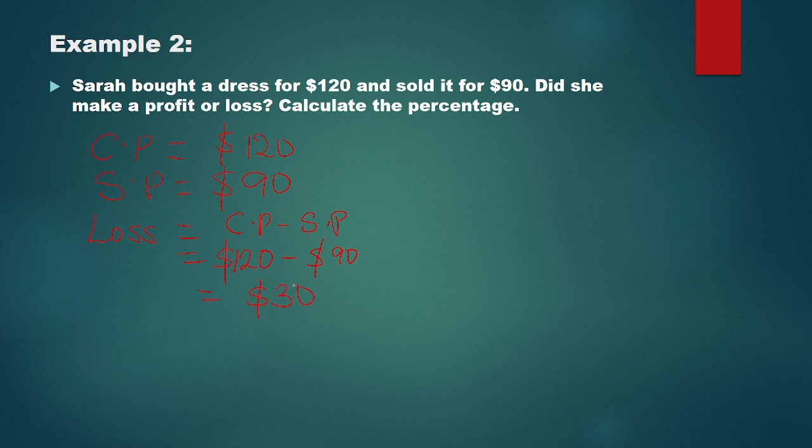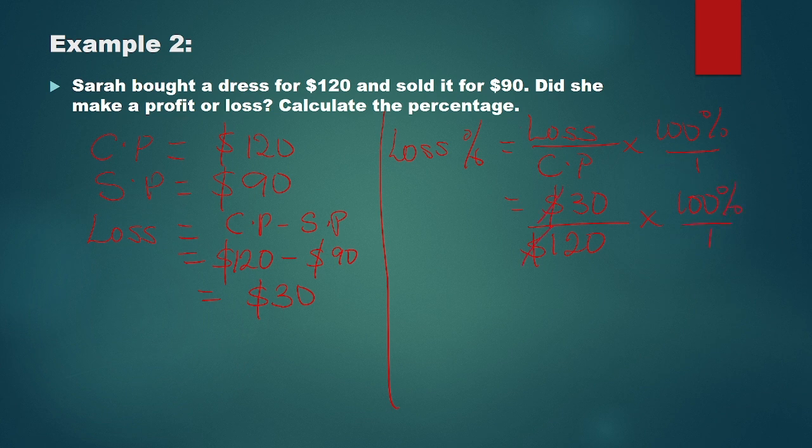But we want to find out what percentage of loss she has made compared to the cost price. So to find my percentage loss, or my loss percentage, written in short like this, loss over cost price multiplied by 100% over 1, which is $30, which is my loss, over the cost price, which is $120, multiplied by 100% over 1.